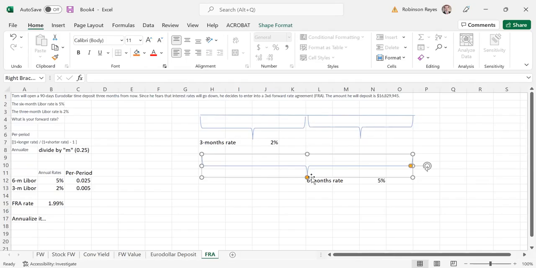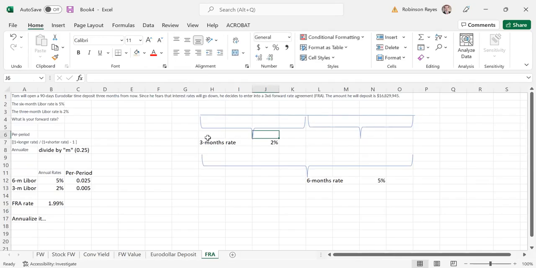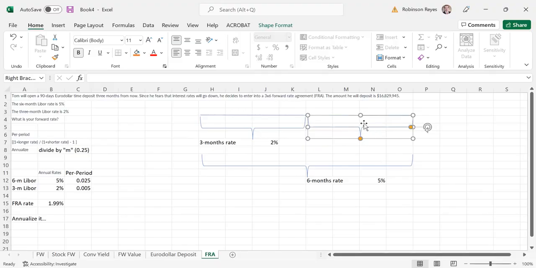If instead this is 1 year and this initial period is 6 months, then we would get the solution as a 6 months rate, right? But in this specific case, the overall period is 6 months, and the initial period that we already have the rate for is 3 months.